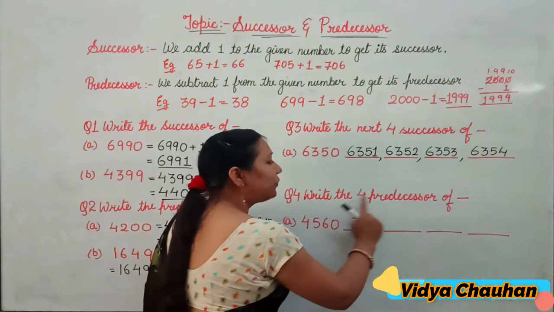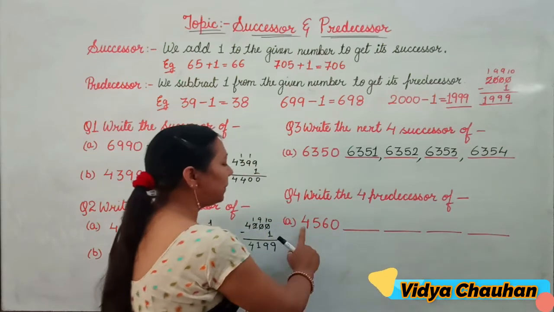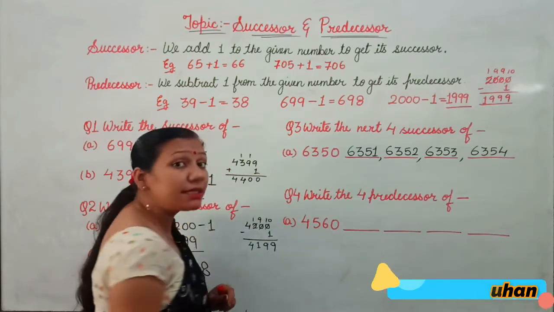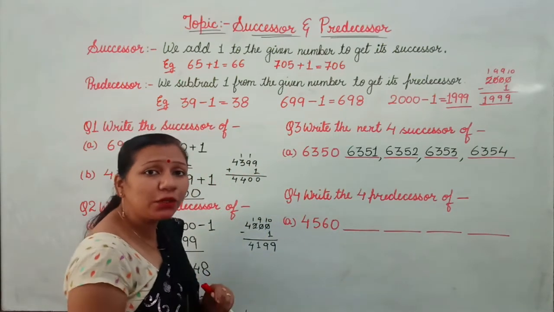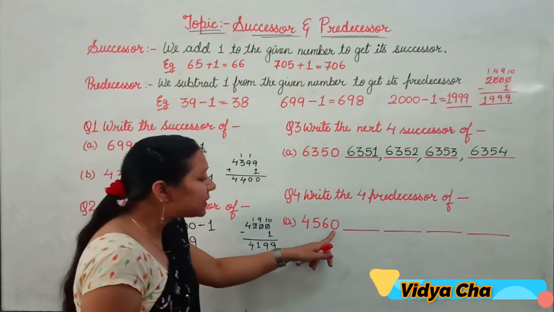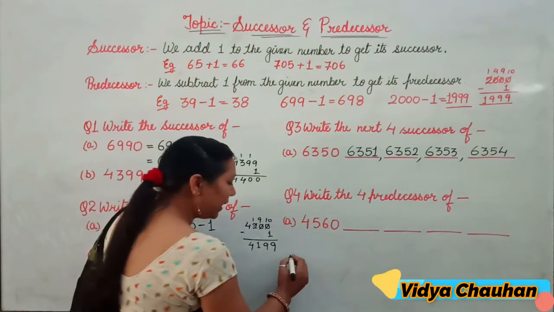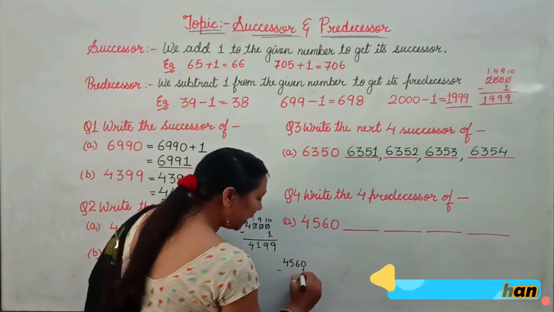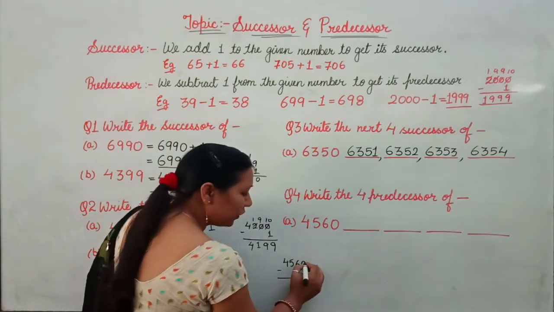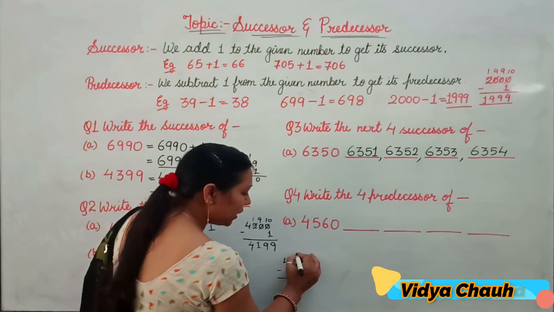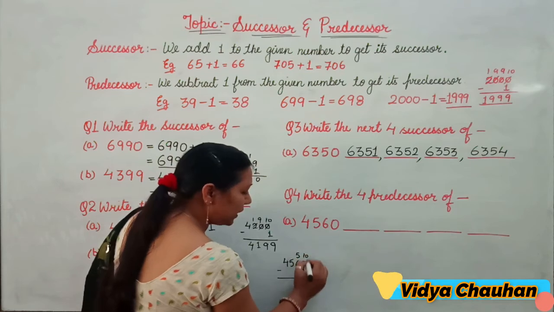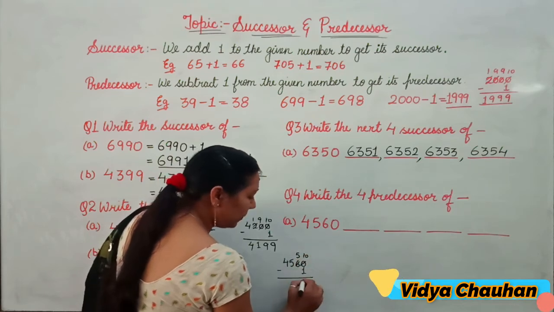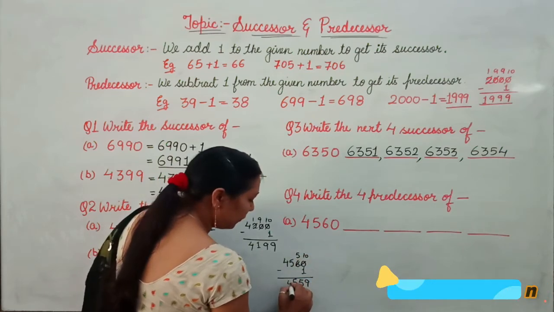Last question, write the 4 predecessors of the given number 4560. Now you have to subtract 1 from it. So what is 60 minus 1? When you actually perform the subtraction, 4560 minus 1, taking a borrow from 6, it will become 5, this will become 10. 10 minus 1, 9, 5, 5, 4.